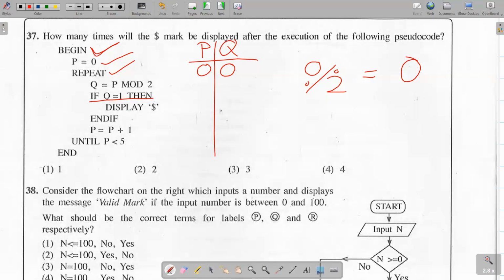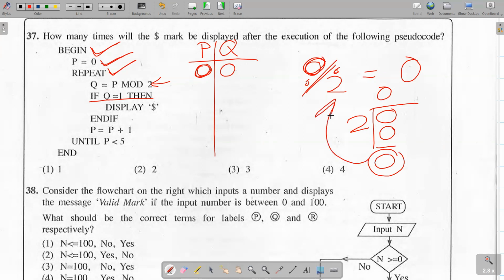So we begin with P equals 0 and we enter the repeat until structure. This says Q is assigned P mod 2, that means 0 mod 2. So 0 mod 2 means 0 will be divided by 2 and the remainder will be 0.